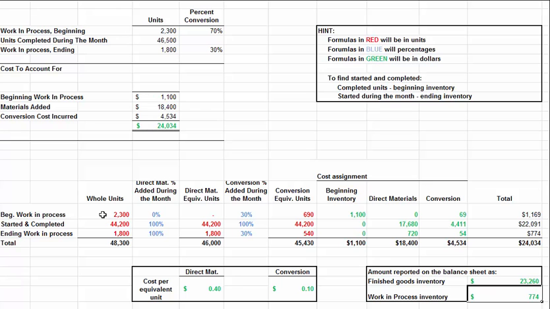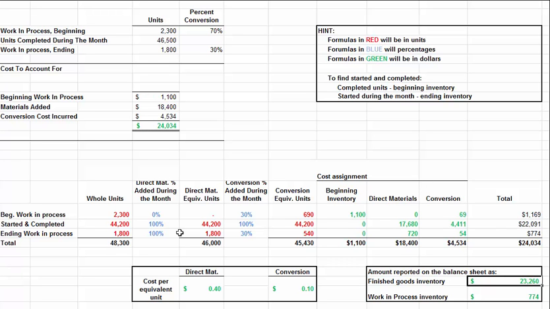We have a first in, first out assumption, so those would be done first. And then the other ones, this category that was started and completed, would obviously be completed. So these two together actually make what we transfer out to the next department or to finished goods, $23,260.